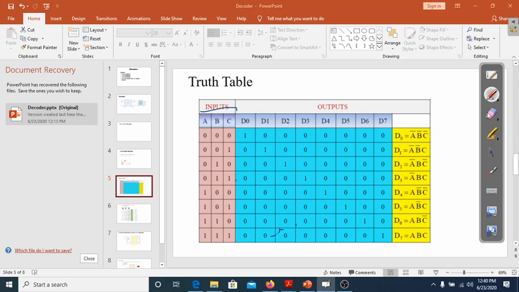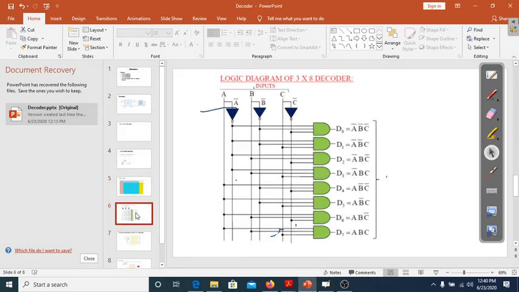It is quite obvious. So we have 3 inputs A, B, C, and these are their complements: A complement, B complement, C complement.